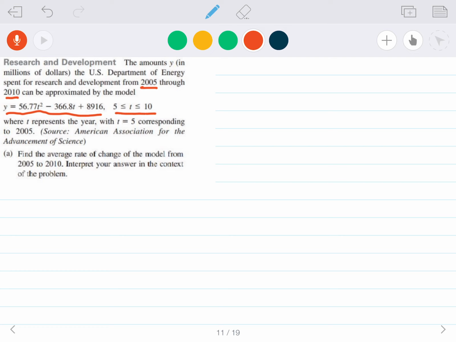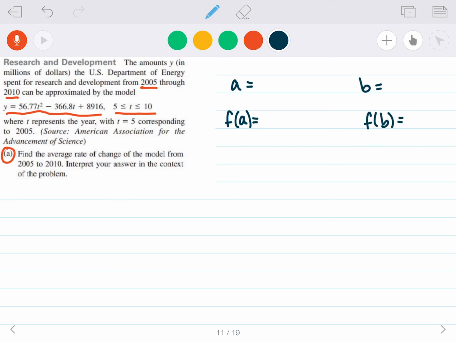T represents the year, and we're asked to find the average rate of change from 2005 to 2010, and we want to interpret our answer. Okay. So we just need to know what is our starting input, what is our ending input, which is B, what is our corresponding output with A, and our corresponding output with B.